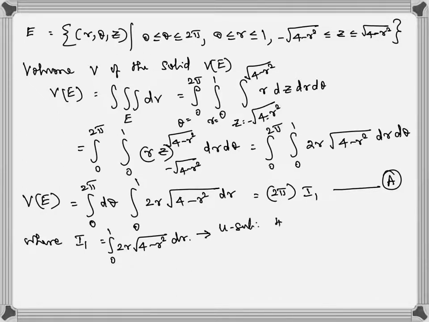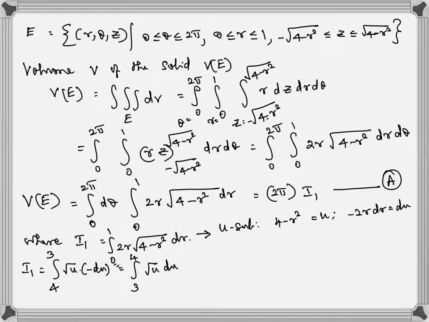You can apply u substitution. Let 4 minus r squared equal u, which gives negative 2r dr equal to du. Then I1 becomes the integral of square root of u times negative du. Changing to the new limits, when r equal to 0, u is equal to 4. When r equal to 1, u is equal to 4 minus 1, which is 3. So the integral from 4 to 3 of square root of u negative du becomes the integral from 3 to 4.